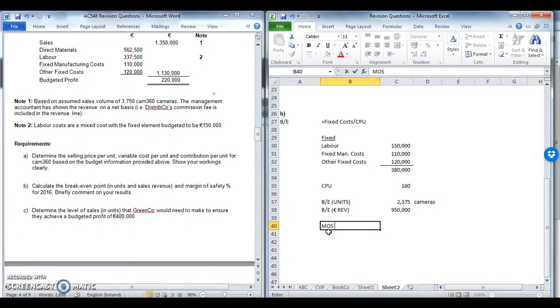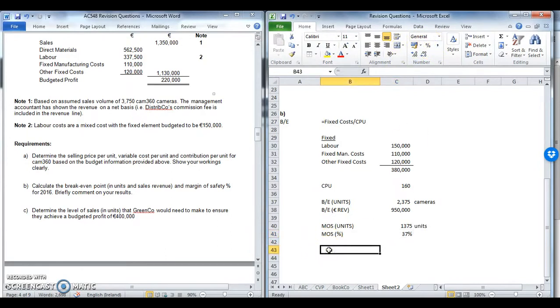So the margin of safety in units is what your expected volume is, which is 3750, minus 2375. So it's 1,375 units. And also, particularly, you're looking for a margin of safety in percentage terms. So that's 1375 over 3750, i.e. the number of units that it can fall by over the current expected number of units.